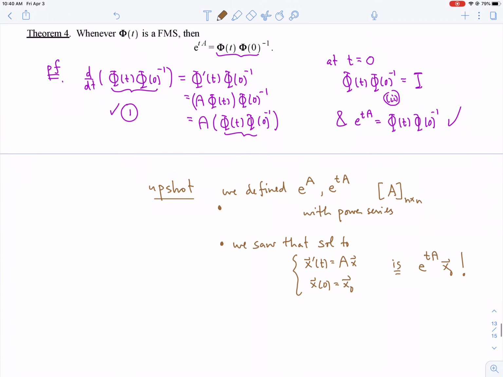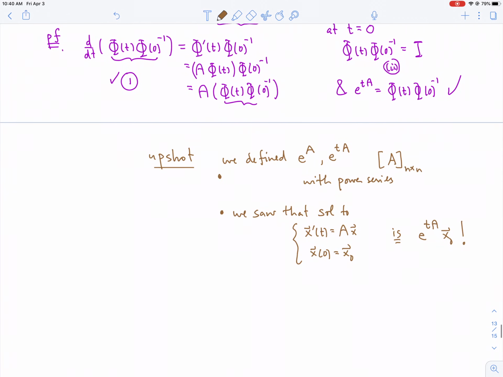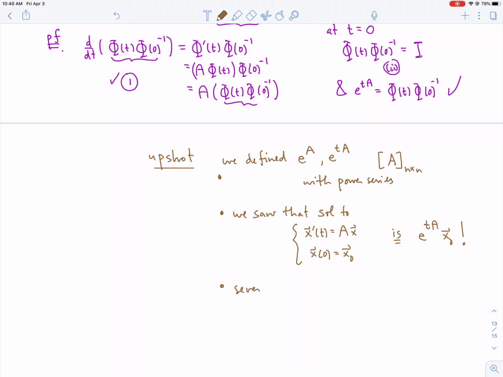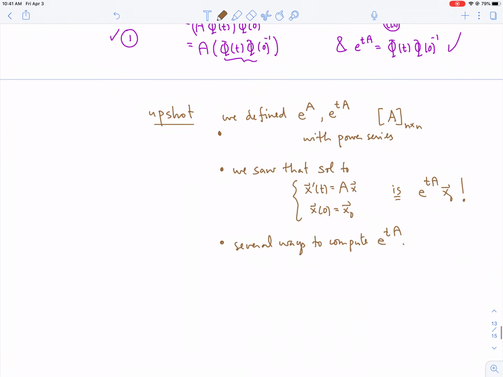And that generalizes what we did in chapter 1. And then finally, we discussed several ways to compute e to the tA. Okay, that is it.